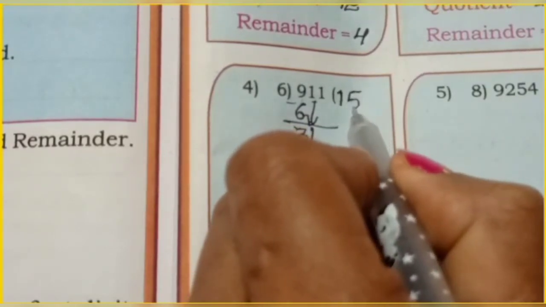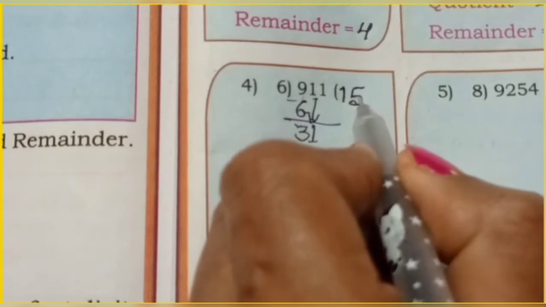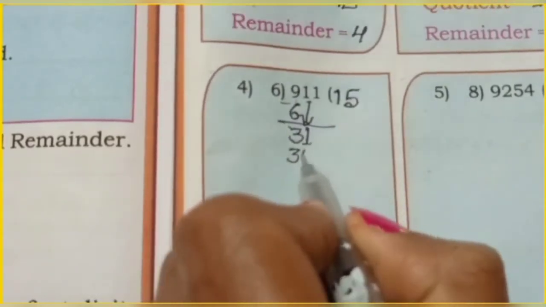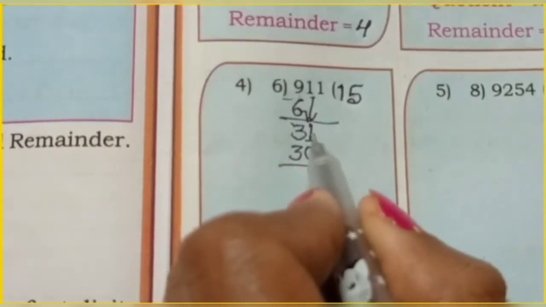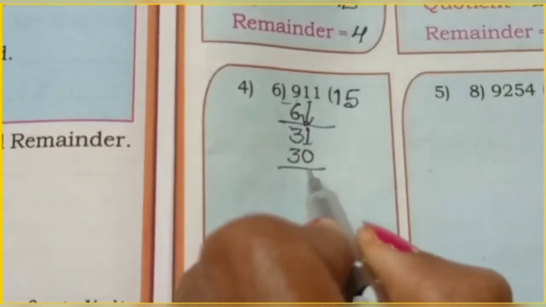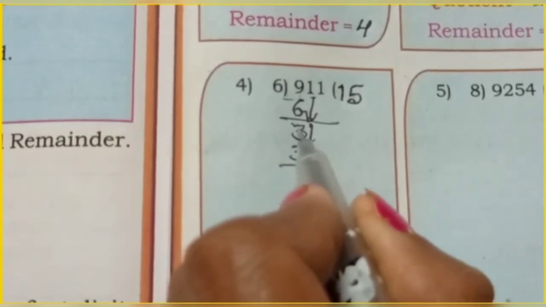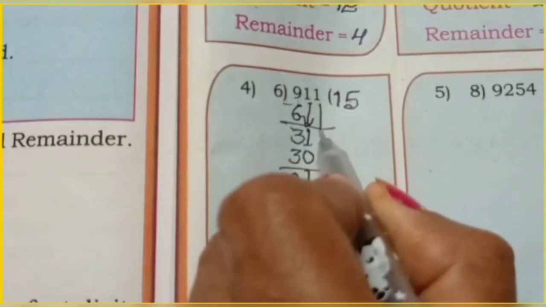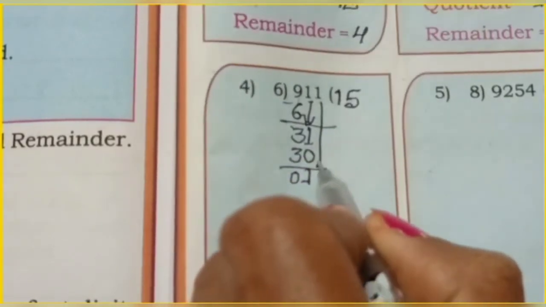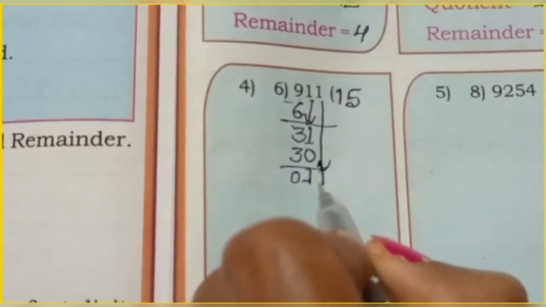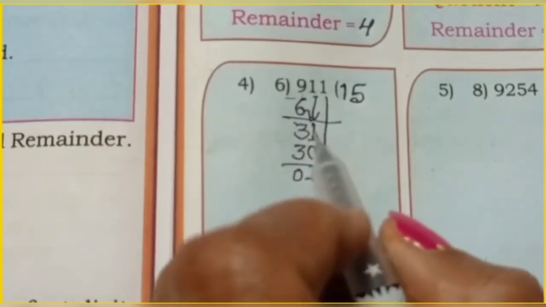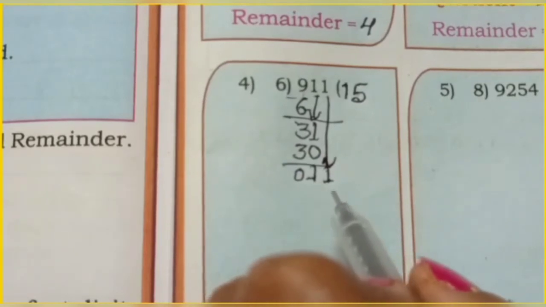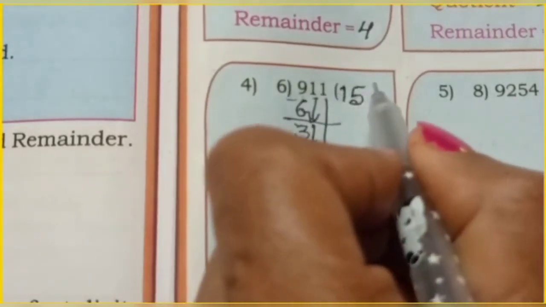So write 5 as the second digit of the quotient and write 30 here. Now subtract it. 1 minus 0 is 1. 3 minus 3 is 0. Now take down 1. Again we divide one time. 11 by 6.